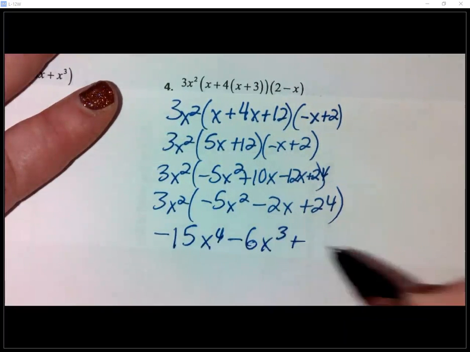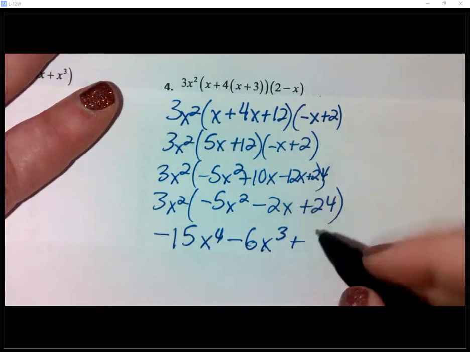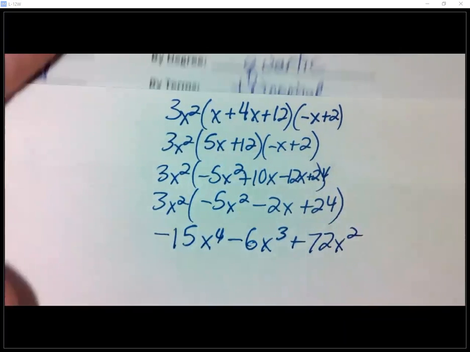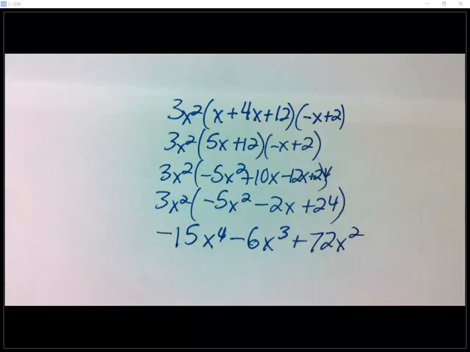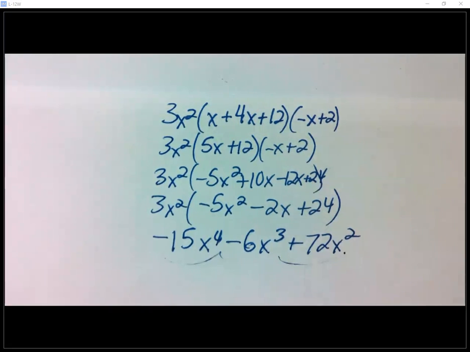Oh, what's that? 72? All right, so there is my answer in standard form. And I notice it's degree 4, so that's called quartic. And then I've got 1, 2, 3 terms, so this would be a trinomial, a quartic trinomial. All right, so any other questions on round 1?